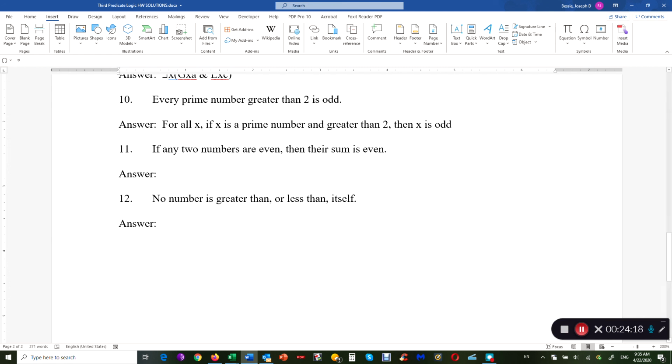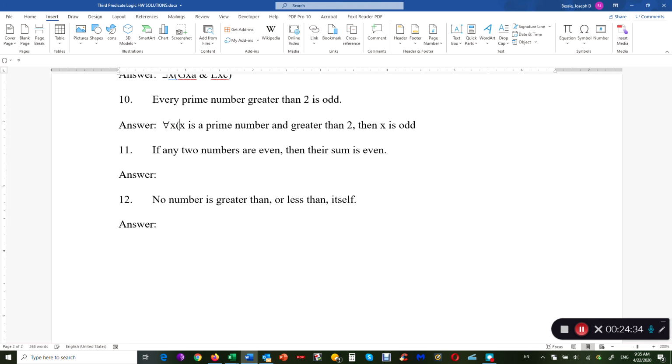So for all X, we know how to say that. For all X, if X is a prime number greater than 2, we know how to say it is a number because that's just what's in the domain. We don't have to add a predicate for it.